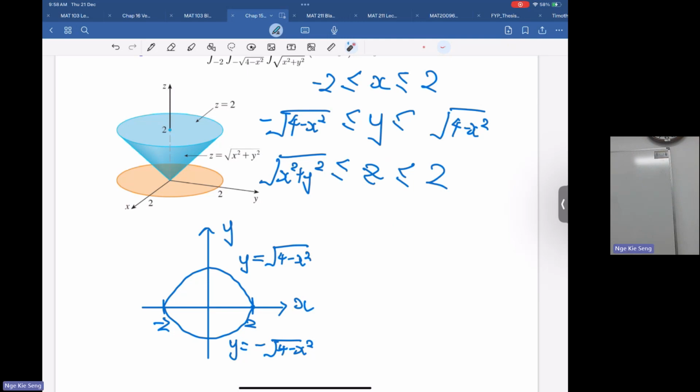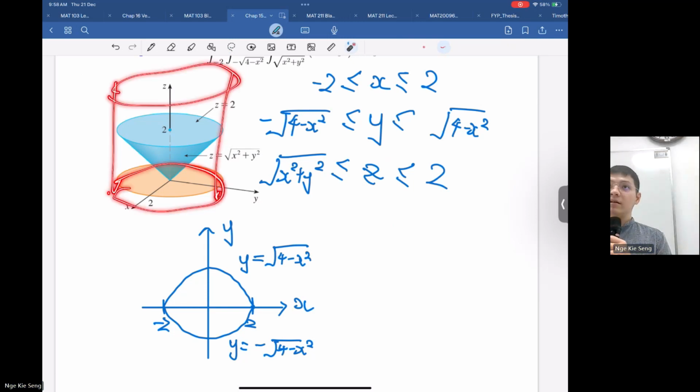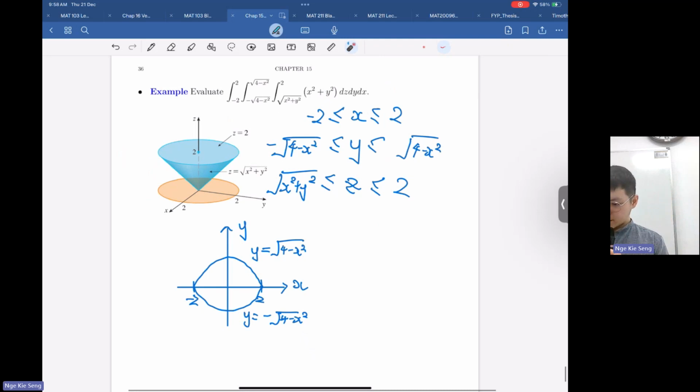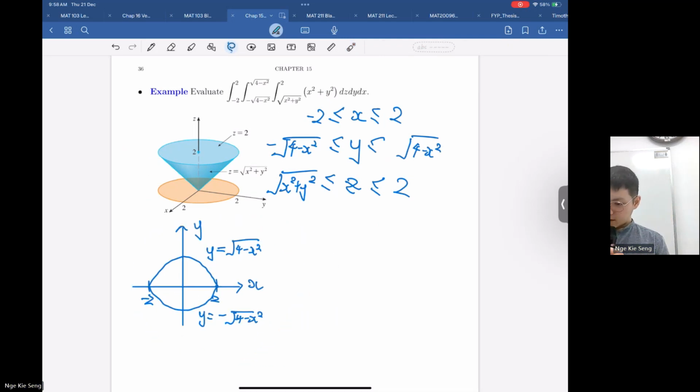Or can I cut this shape from a rectangular box or not? One easiest way is you cut this shape from a cylinder. So if I change this to cylindrical coordinates, what do I get actually?